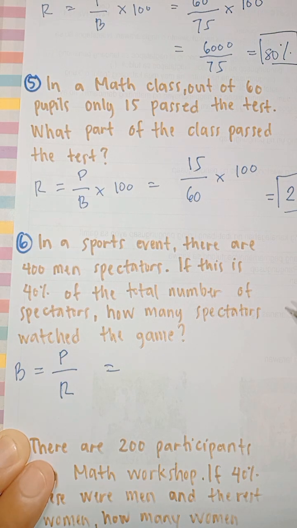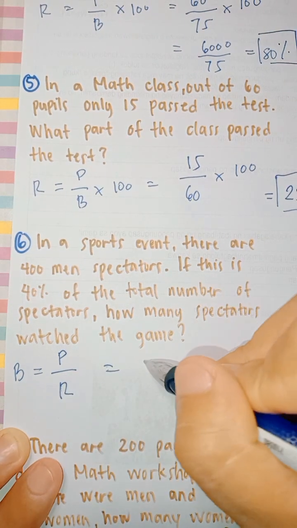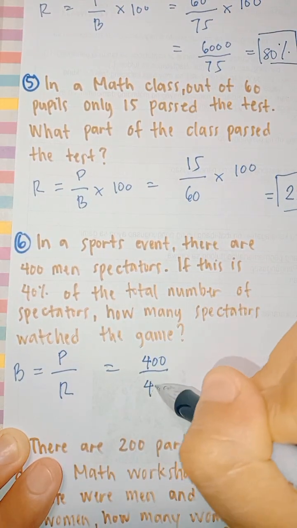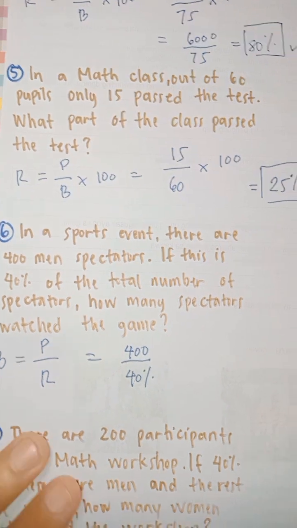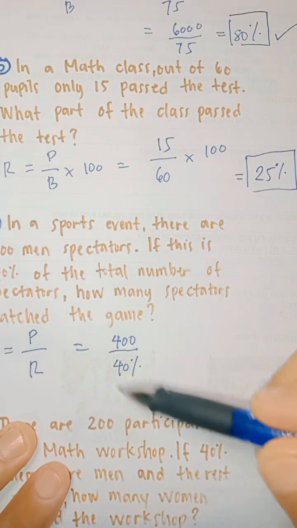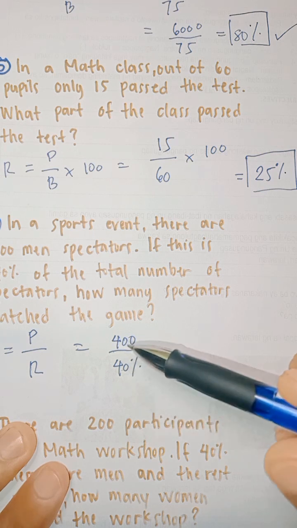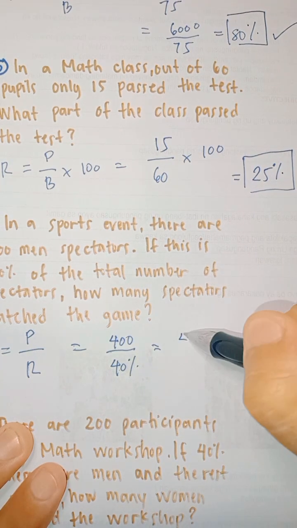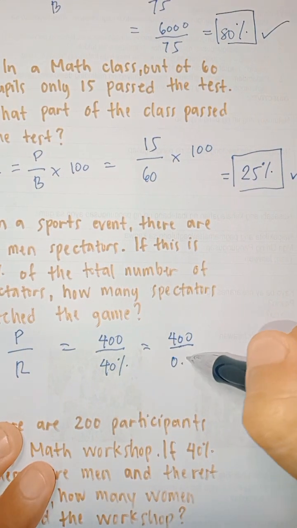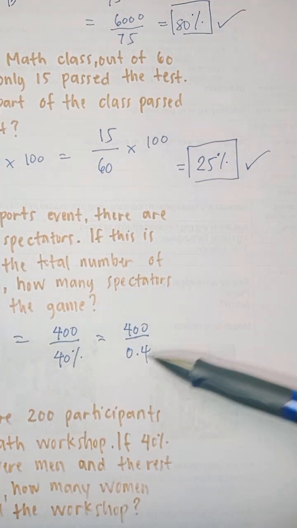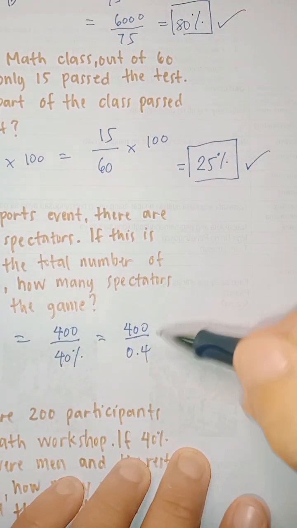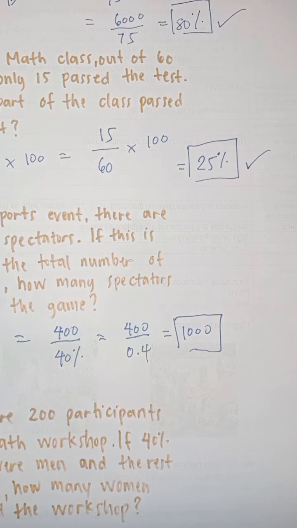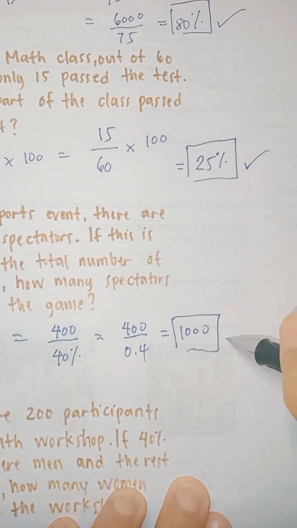So P is 400 and 40% is the rate. Before we continue, let's convert this percent or rate into decimal. 40% is just 0.4. So this is just 400 divided by 0.4, which is 1,000. So there are 1,000 spectators who watch the game.